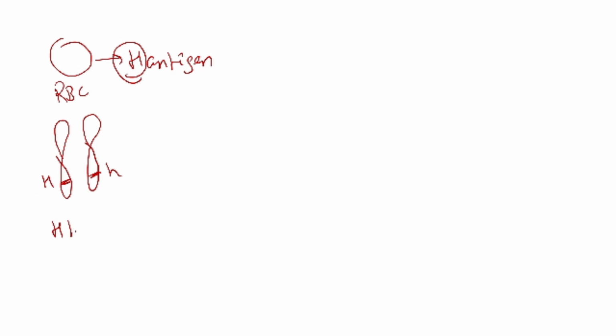So it will be HH or Hh or hh. If this is the condition, then H antigen would be present. If this one condition, then also it would be present. If there is no dominant allele, then what will happen? There will be no H antigen present.